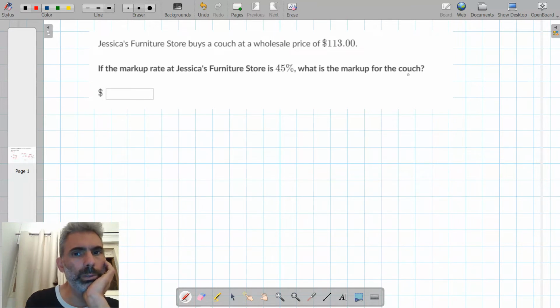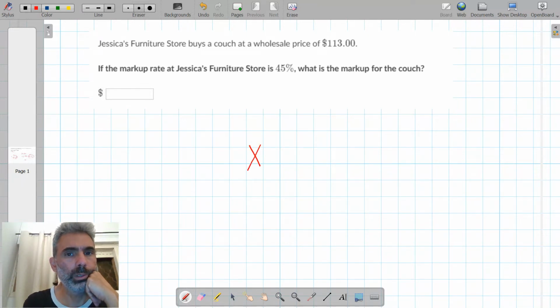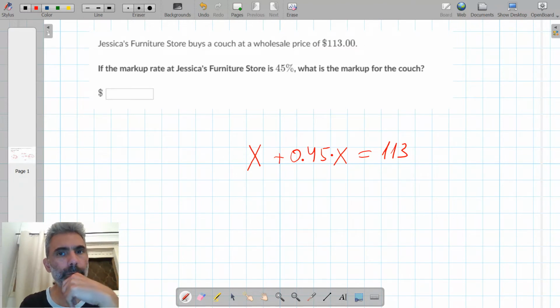Okay, so the original price or the cost price of the couch is X, which is unknown. If we add 0.45 of X to this unknown, we get the selling price.